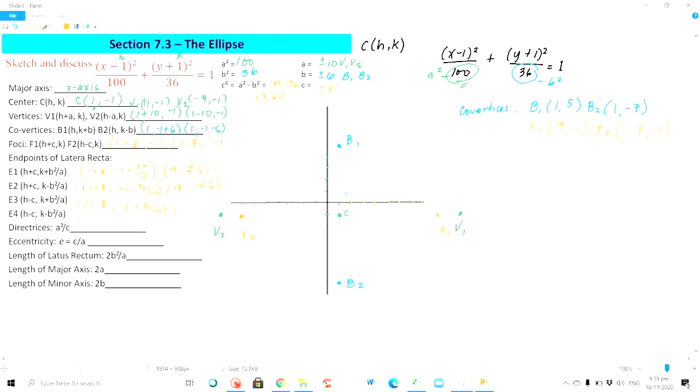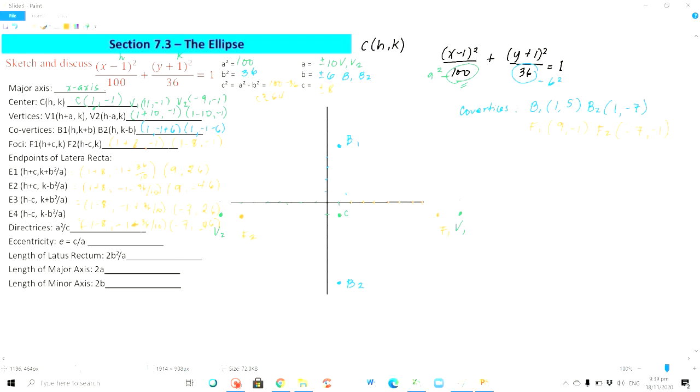So this is negative 7 and 2.6. 1 minus 8, then negative 1 minus 36 over 10. This is negative 7 and negative 4.6. Okay, let's plot these points.